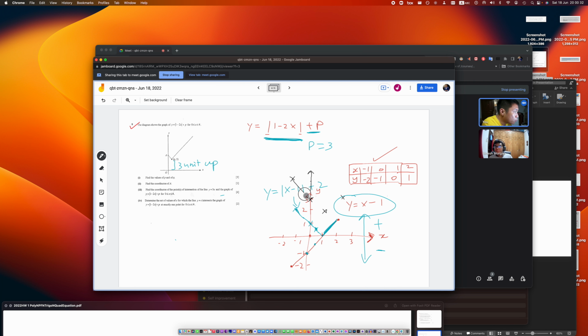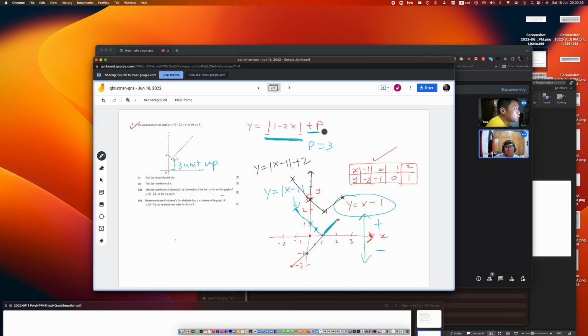So the black one is the one with plus 2, y equals modulus of x minus 1 plus 2. Are you clear? Because of this, I get p equals 3, since the graph gets raised 3 units above the x-axis.